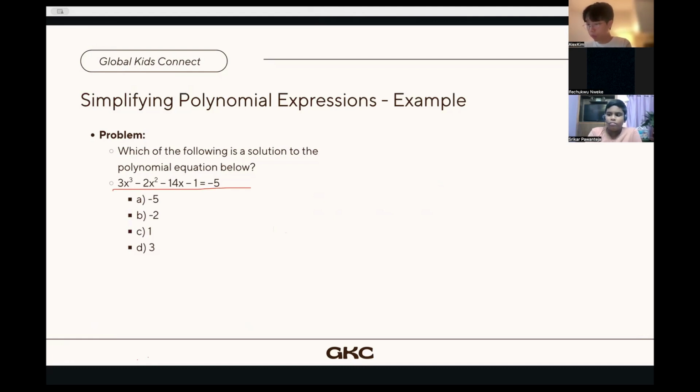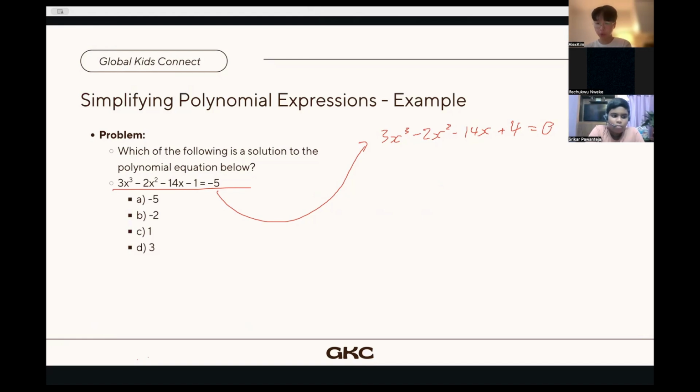First of all, when we are given a polynomial as such, the first thing we have to do is rewrite it so that on one side we have every value and every variable, and on the other side it is equal to 0. We can do that by moving this -5 over so that we get 3x^3 - 2x^2 - 14x + 4 = 0.